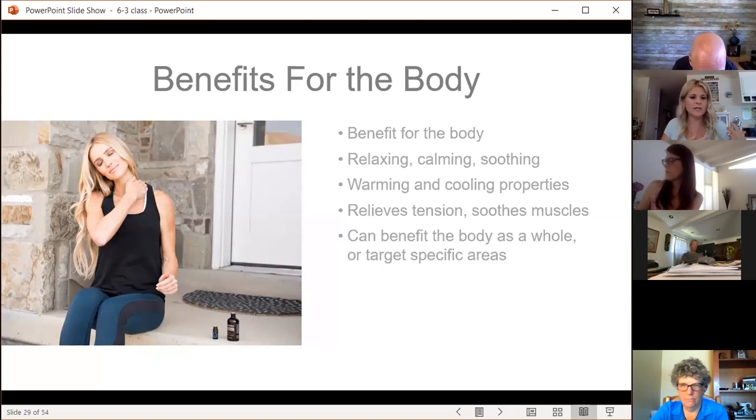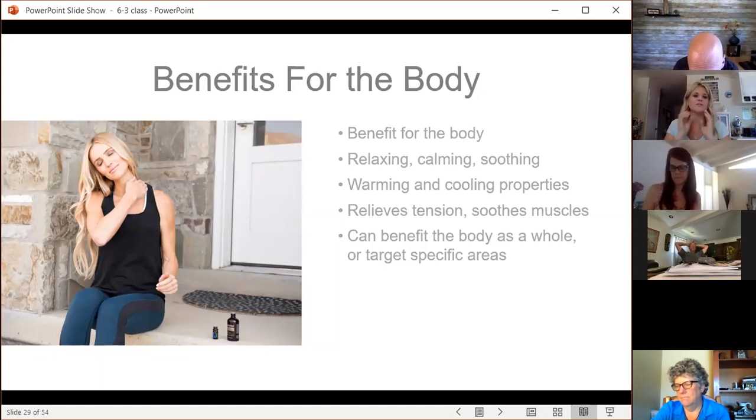Wintergreen is a warming one, so when you have like a really tense, tight muscle, wintergreen's really great for that. Some of my go-to as a massage therapist, lemongrass, good for ligaments, tendons, connective tissue. Marjoram is a natural muscle relaxer. Marjoram is slightly warming as well.